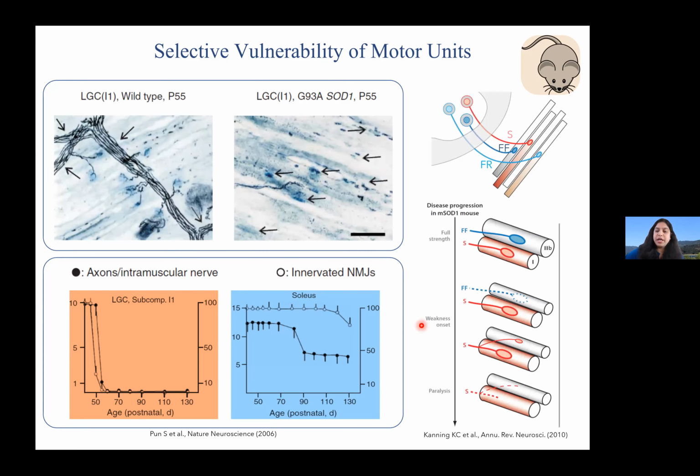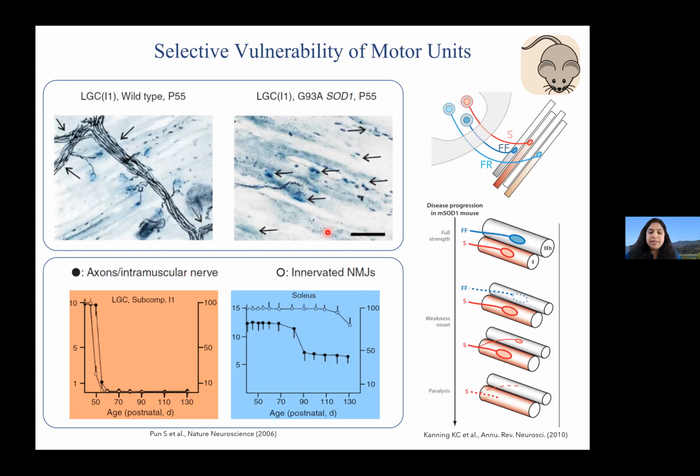In addition to that, there is a lot of complexity in the type of motor system that we're looking at. For example, there are different types of motor neurons. Some of them innervate fast muscles, the others innervate slow muscles. So together, when they form these so-called motor units, they are important for normal function.